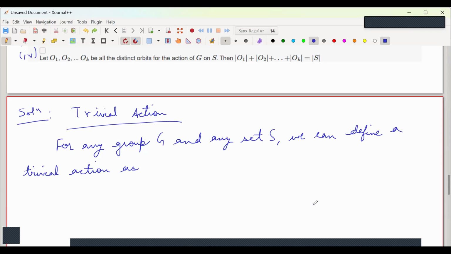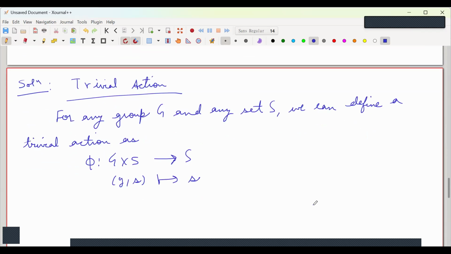Simply, from G cross S, not G cross G, to S again. What should be the map? (g, s) is mapped to s again. So G is doing nothing to the elements of S, just acting trivially, fixing each element.